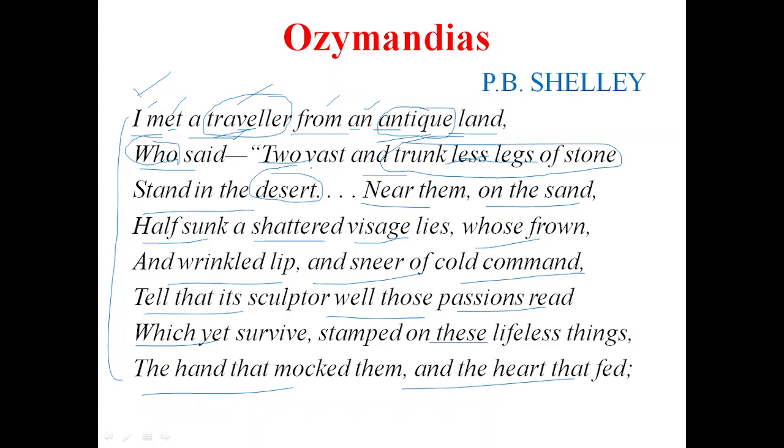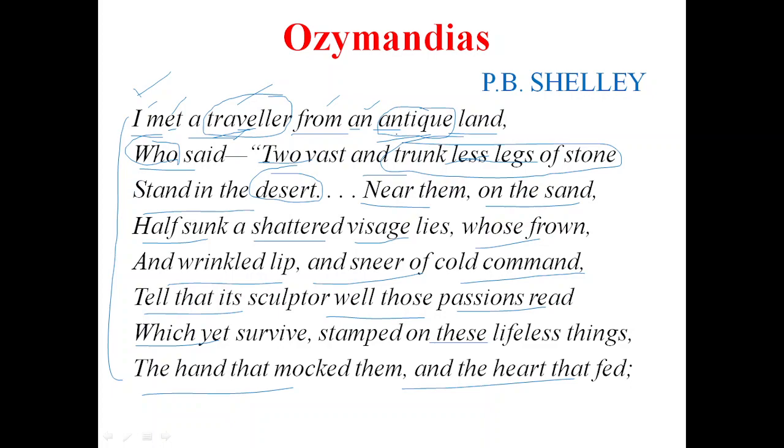Where? सैंड के ऊपर। Near them, उनके पास, on the sand, सैंड के ऊपर, half sunk a shattered visage lies. Half sunk, half मतलब आधा, sink, sank, sunk. सिंक का मतलब होता है डूबना, सिंक का थर्ड फॉर्म sunk है, मतलब आधा डूबा हुआ। अब डूबता तो वैसे पानी में है, but you can understand that it was buried, half buried, आधा दबा हुआ रेत में, half sunk means half buried.